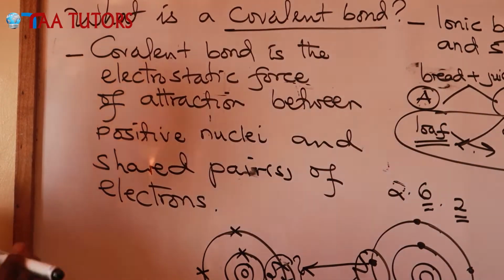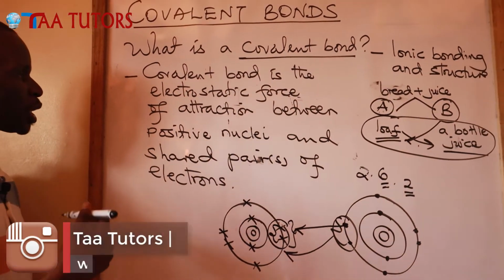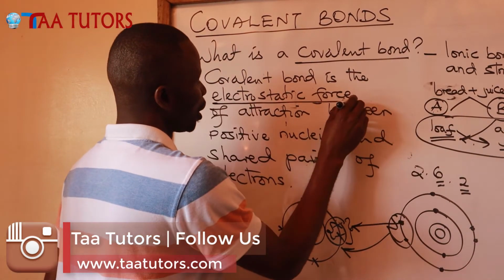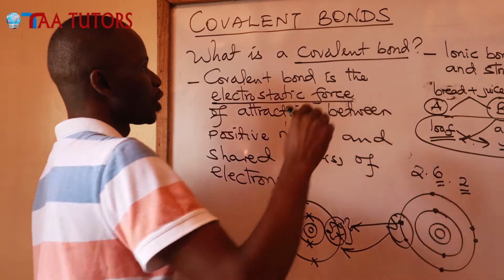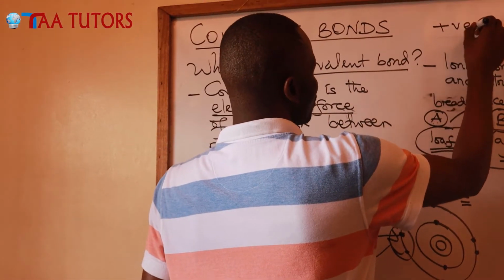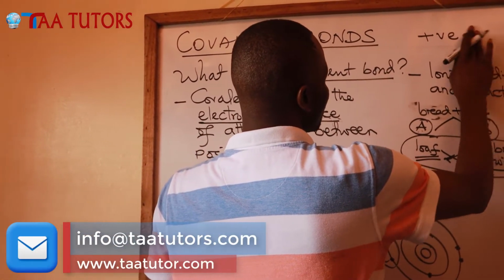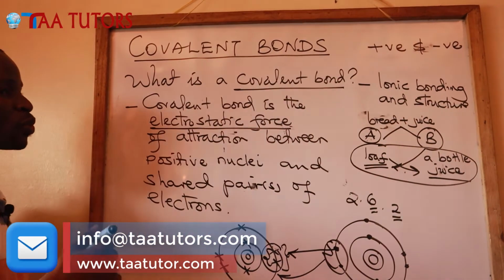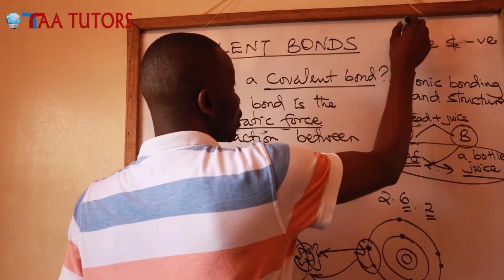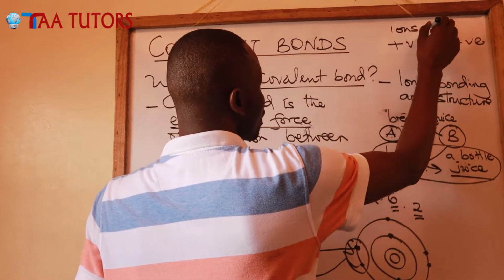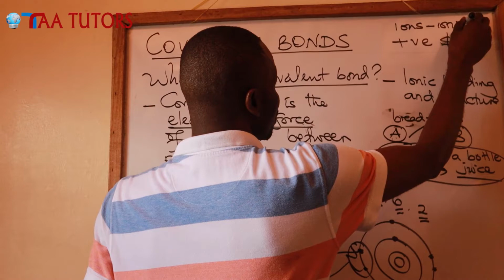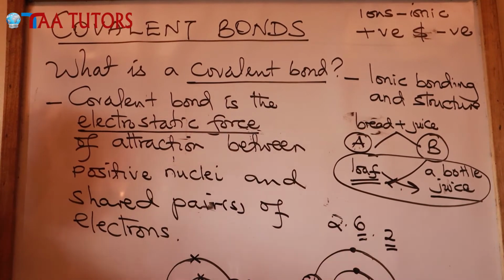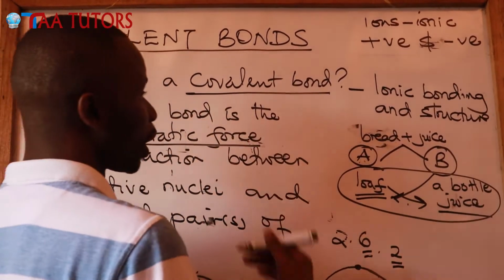We realize that in all these bonds, both ionic and covalent, the force of attraction is electrostatic, meaning it is between positive and negative charges. But we know that these charges could be arising from ions, and if they are from ions, then we say that's an ionic bond. If they are arising from a nucleus and shared pair of electrons, we are talking about covalent bonds.